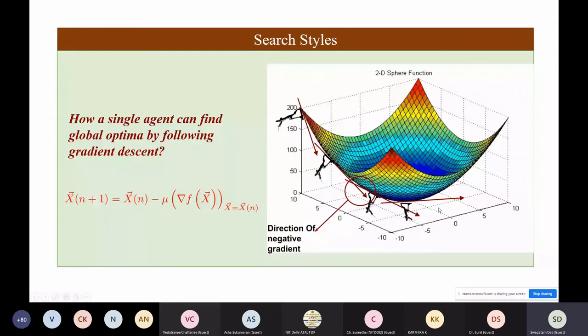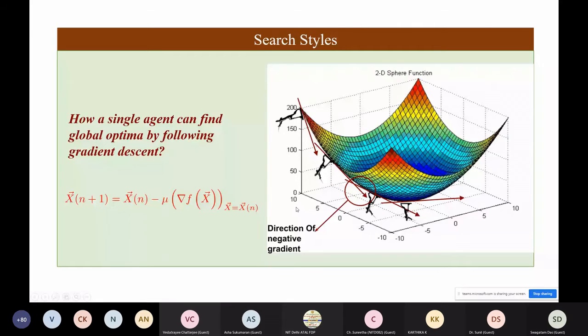And at the next n+1 iteration, you have taken a jump along the negative gradient direction, minus of grad of f direction. The jump step size is mu. So the solution moves along this direction, then from where it has come down, it will take another jump along the negative gradient direction, and this will continue until you reach the minimum where the gradient vanishes and you are trapped there forever.